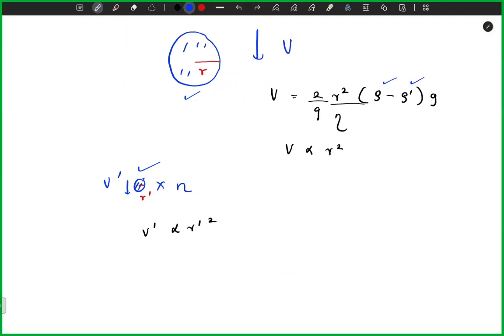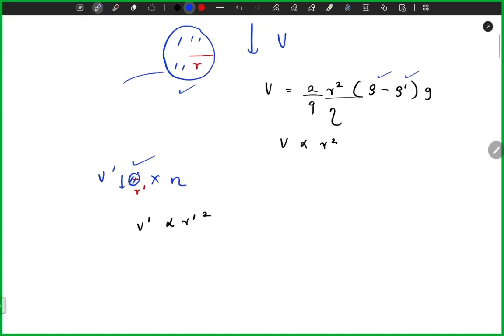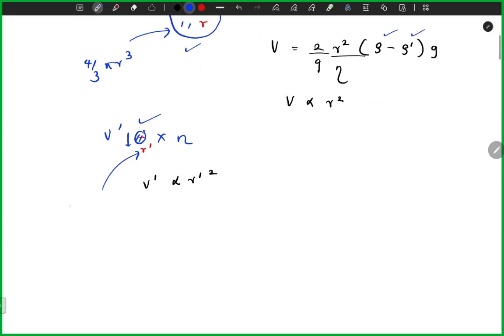The volume of the larger droplet is equal to what? The sum of the volumes of all the tiny droplets of oil. So then, of course, you know how to write the volume of an oil drop, which is what? 4 over 3 pi r cube. And of course, I can write the volume of a smaller droplet as what? 4 over 3 pi r dash cube.